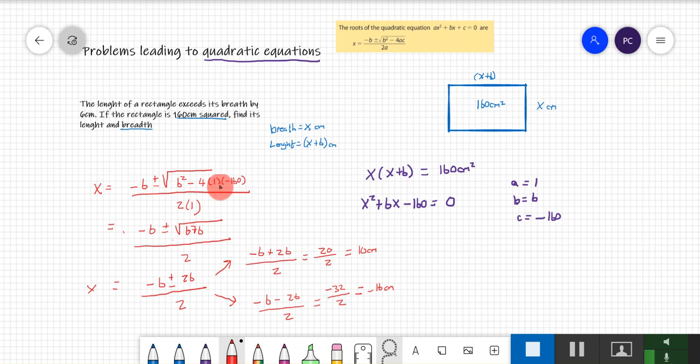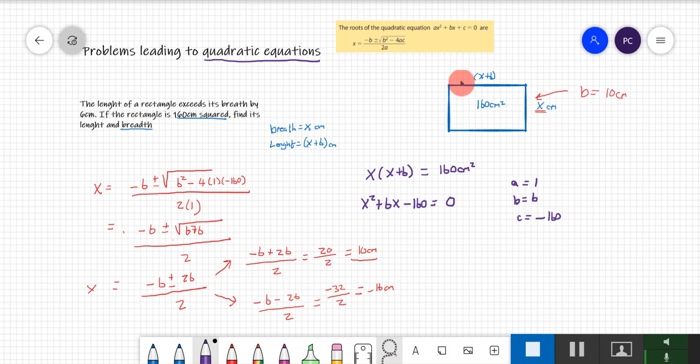So the value for x is going to be this positive one, which is 10 centimeters. So we can say that the breadth, or we can just write it as b, is equal to 10 centimeters. So that's the first part, this x value. Then the second part is going to be x plus 6.